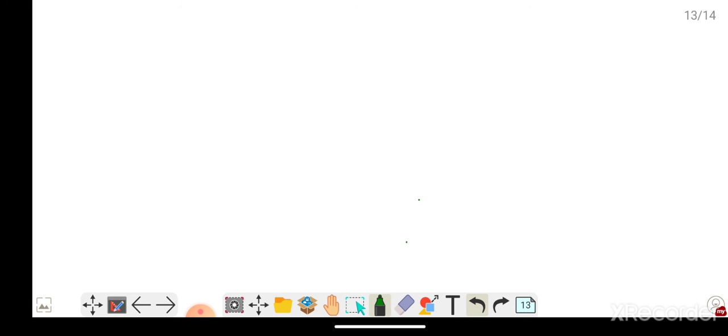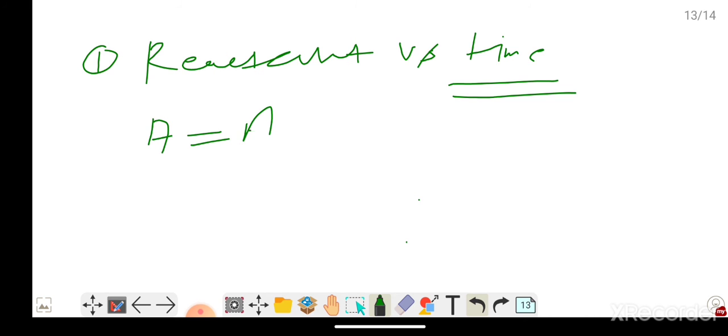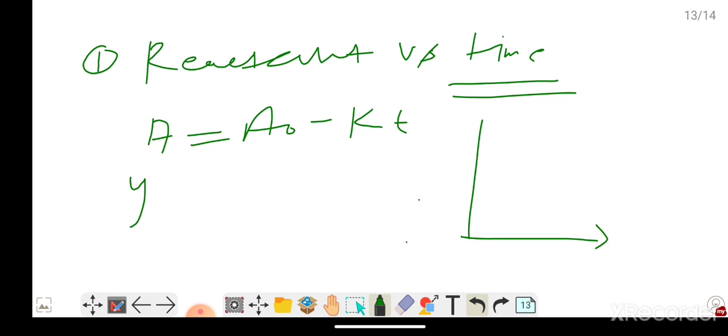Now let's see some graphs. The first graph is the reactant versus time graph. Now we know that A is equal to A naught minus KT. This is the integrated rate law equation. This equation is of the type y is equal to C minus mx.